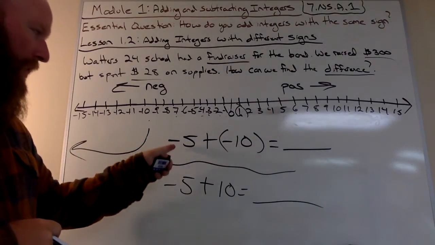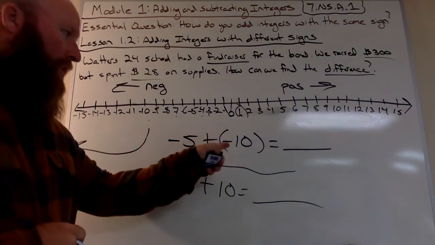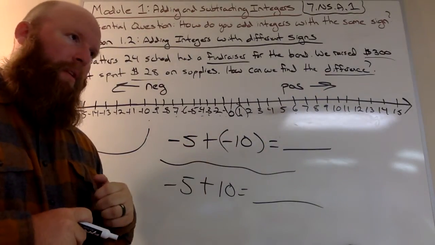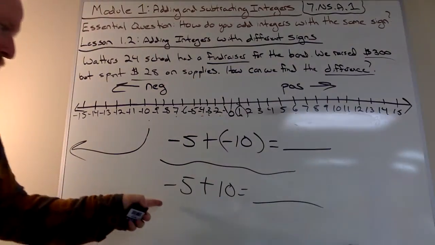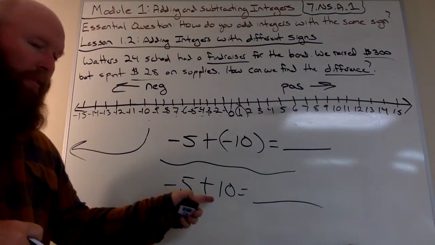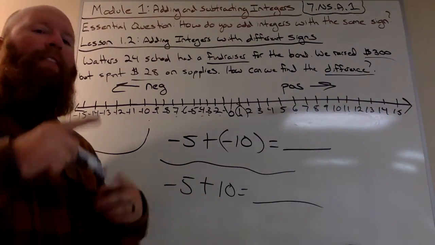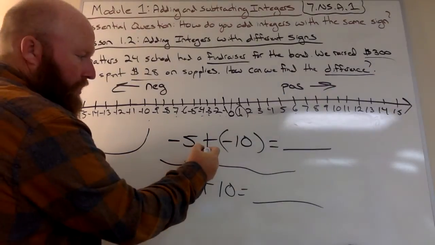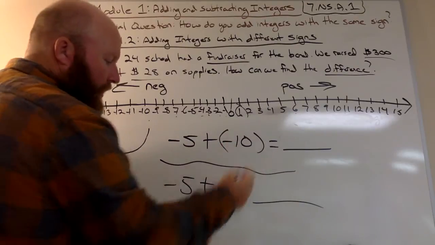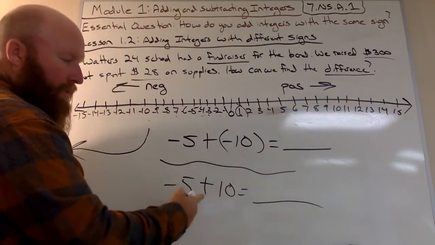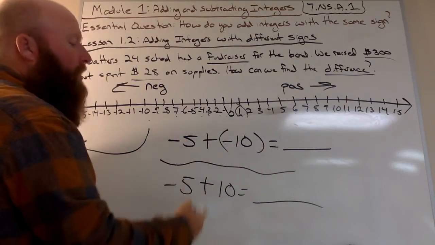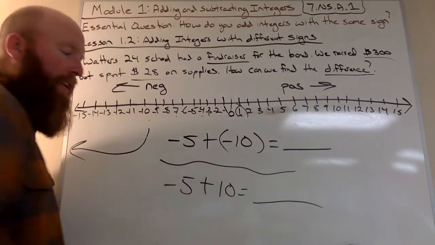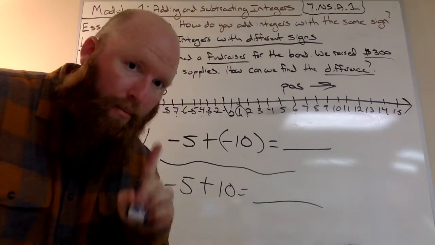This equation, negative 5 plus negative 10, I have a negative 5, I have a negative 10. This one here, I have a negative 5 plus 10. So it's different. In this one you have a negative 5, your operation is addition, and you're adding a negative 10. In this one you have a negative 5, same thing, operation is addition, same thing. However, this should change: negative 10 to positive 10. So the answers cannot be the same.